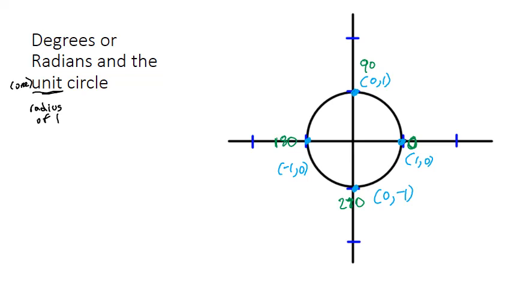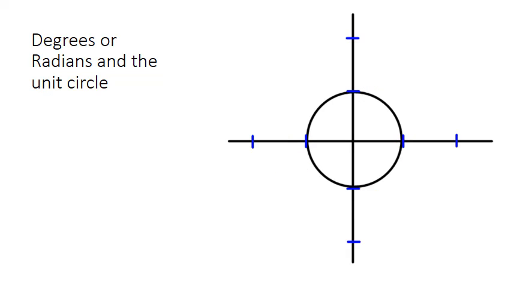So now we've just built a few relationships around points and angles to start building our unit circle. But we said that we are going to talk about something called radians. So what exactly are radians?